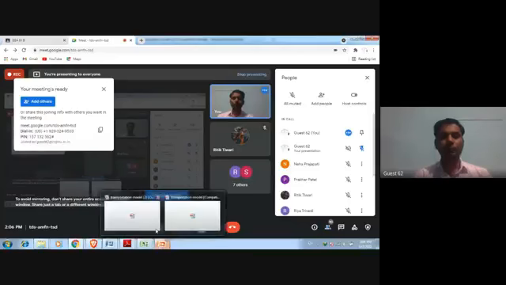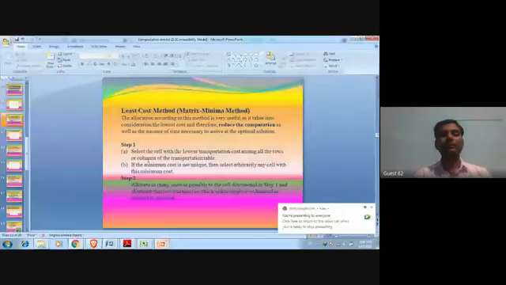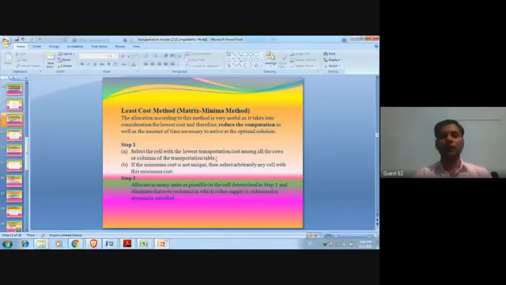we will select the cell with the lowest transportation cost among all the rows or columns of the transportation table. It means we will see all the unit costs of the table, and the cell which has the minimum cost, we will allocate on that cell first according to our demand and supply.